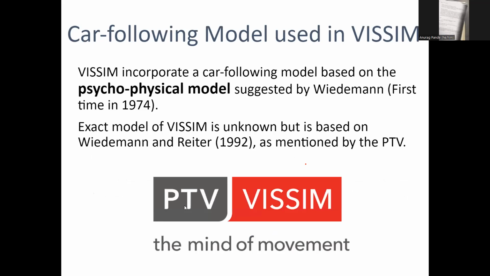VISSIM is a much more sophisticated approach to modeling car following. They don't reveal their secret sauce, by the way. They don't put the model out there, kind of like the Coke formula.